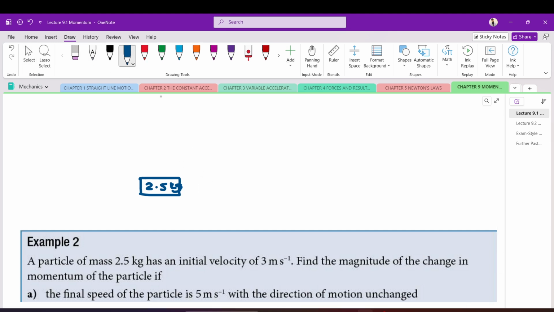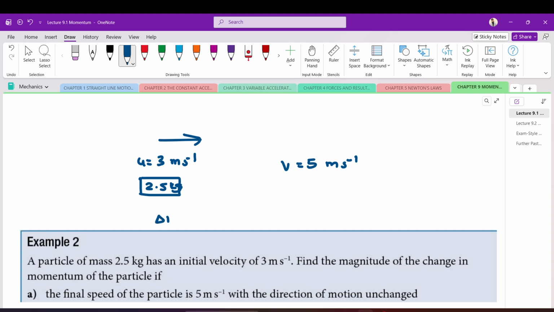Initial velocity was 3 meters per second, moving in this direction. After some time, the final velocity is in the same direction, 5 meters per second. Now you need to find the change in momentum.